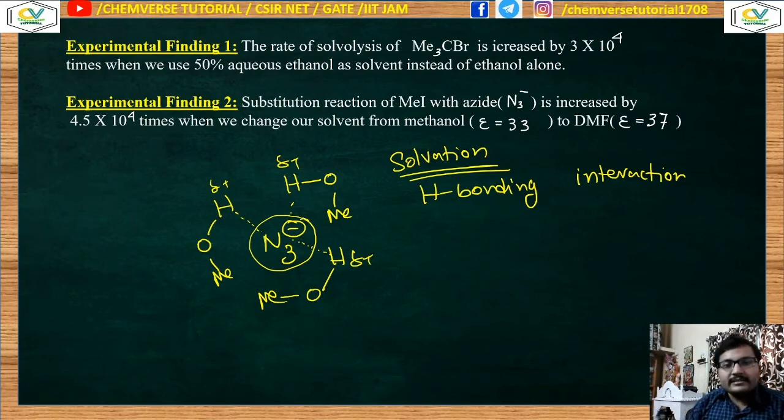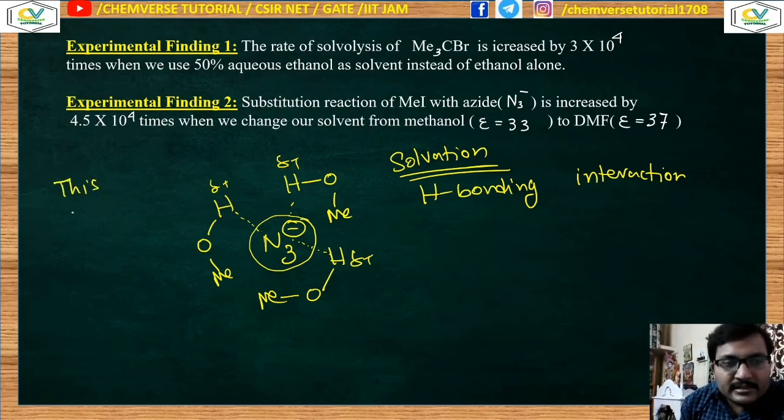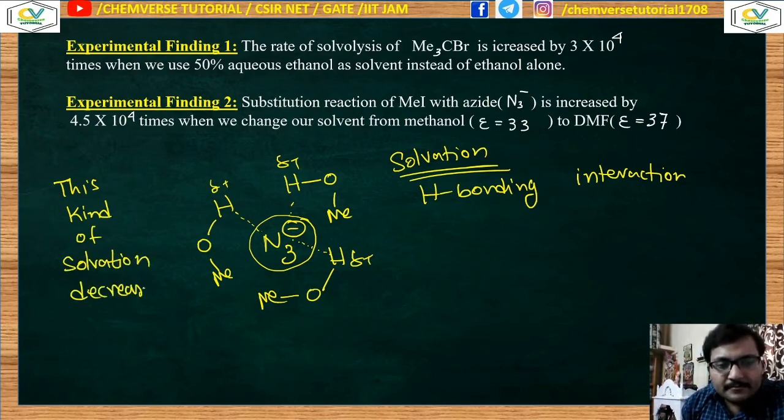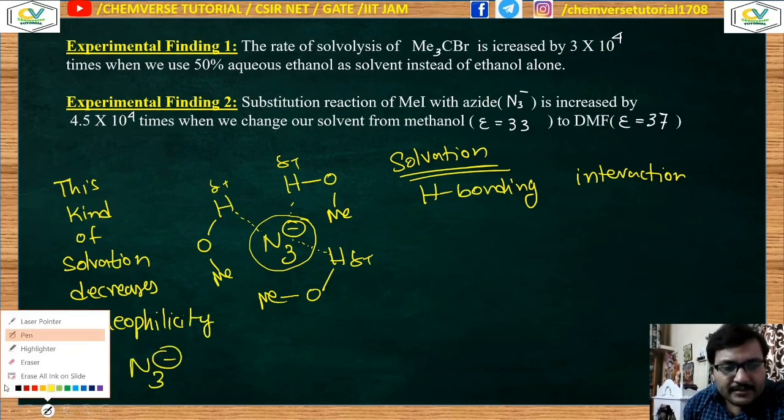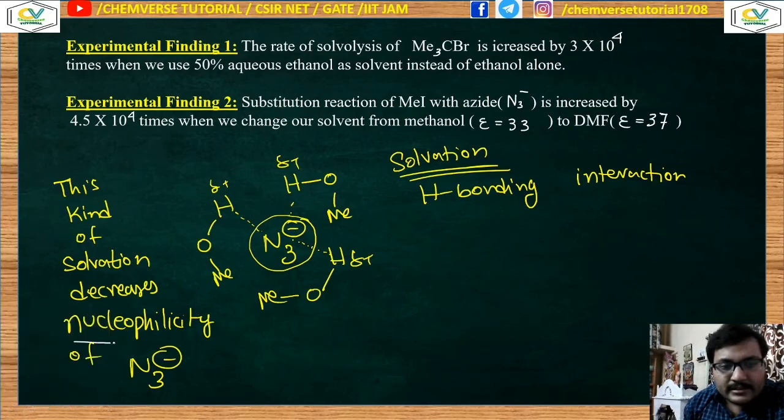Over here it is due to the solvation and the hydrogen bonding interaction. So this solvation decreases the nucleophilicity of azide. This is a very vital point.